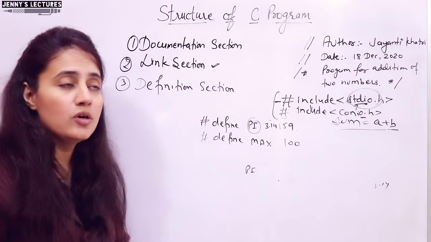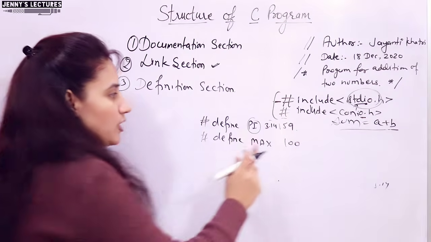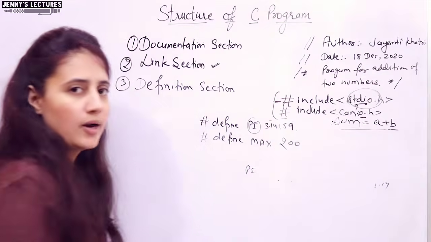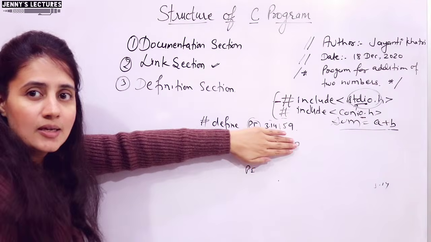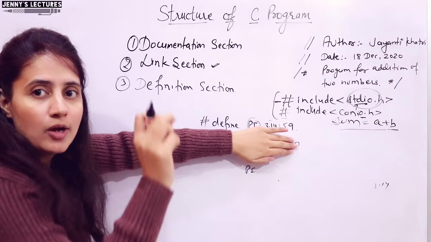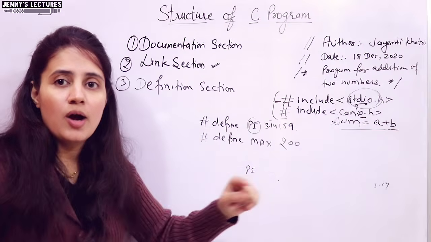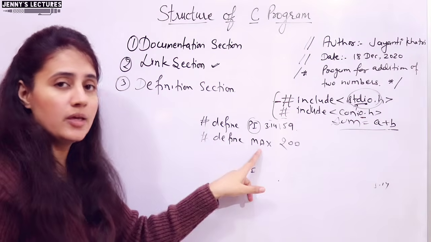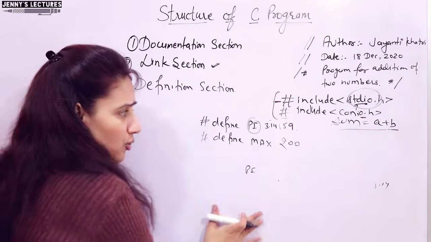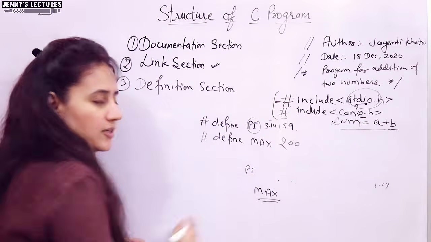One more advantage is, suppose you want to change the value of max from 100 to 200. If in a program you have written that value 100 ten times, then at 10 places you have to update that value to 200. But if you use this, then in the program, rather than the value, you can simply write the name max.